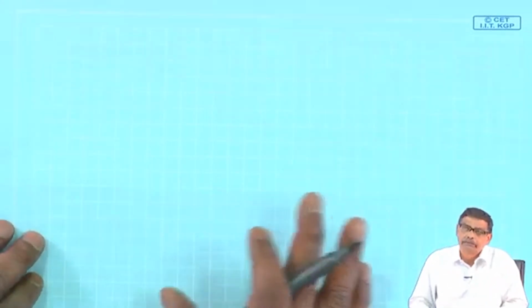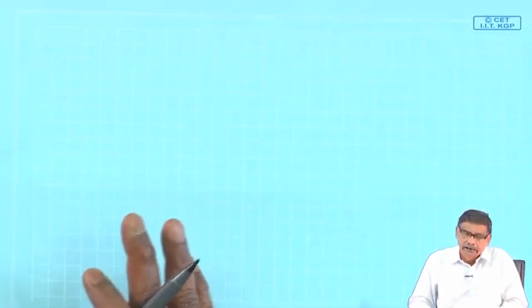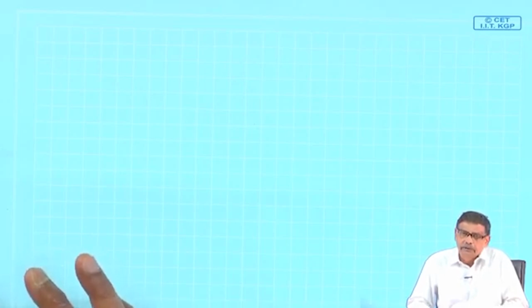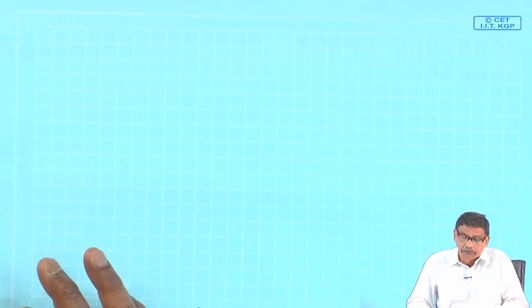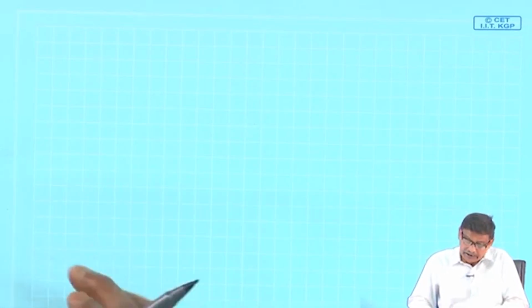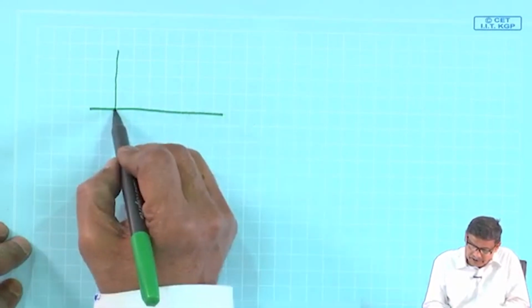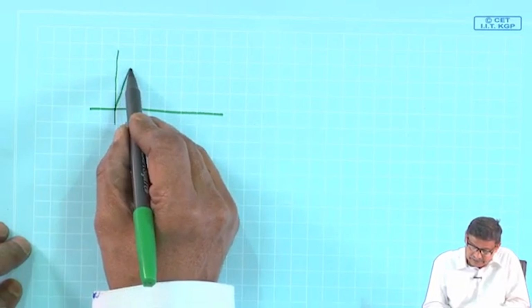Please make it a habit to draw the torque slip characteristics correctly for the 3-phase induction motor as well as for the single phase induction motor. In the single phase induction motor, the torque slip characteristics will be like this.